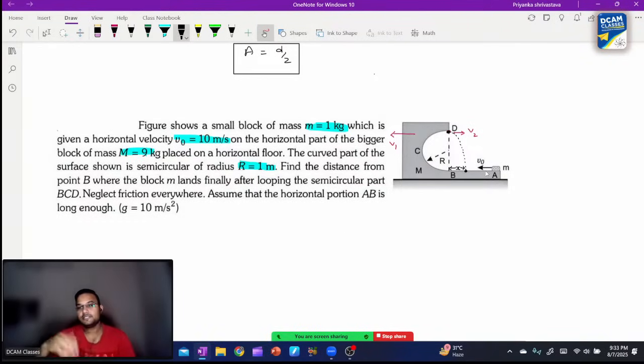Now, can anyone suggest what our process for solving should be? Law of conservation of energy. Okay, between what points? Bottom and top point.